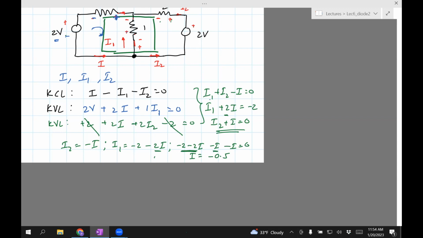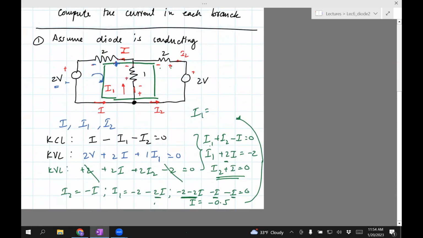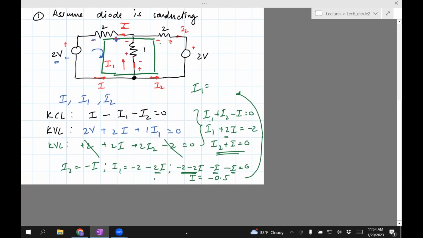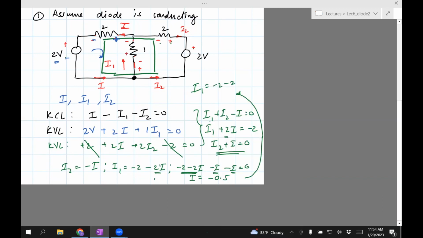I2 is minus I. Okay, I is minus 0.5, which means that from here I can compute I1 as minus 2 minus 2I, minus 2 minus 0.5, which comes out to be minus 1.